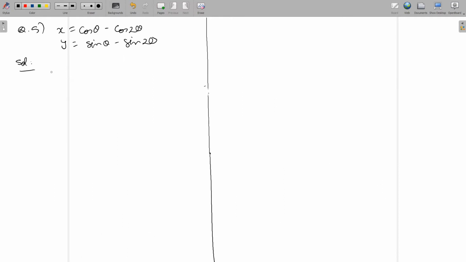Question number 5, x equal to cos theta minus cos 2 theta, y equal to sin theta minus sin 2 theta. Here both x and y are in terms of theta, therefore this is a parametric form. To find dy by dx, we will have to find dx by d theta and dy by d theta. Here x equal to cos theta minus cos 2 theta.